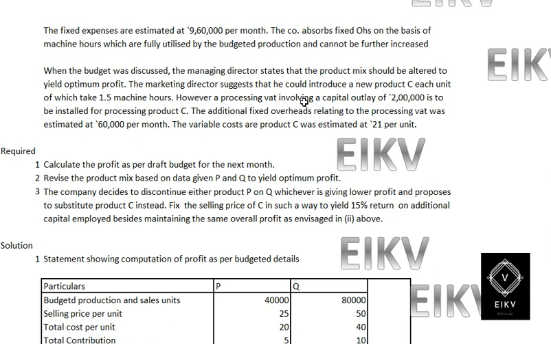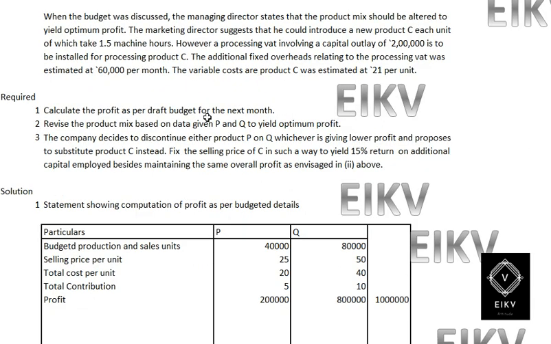However, the processing involves a capital outlay of 2 lakh, which is to be installed for processing the product. The additional fixed overhead related to the processing was estimated as 60,000 per month. The variable overhead of product C was estimated as 21 per unit.